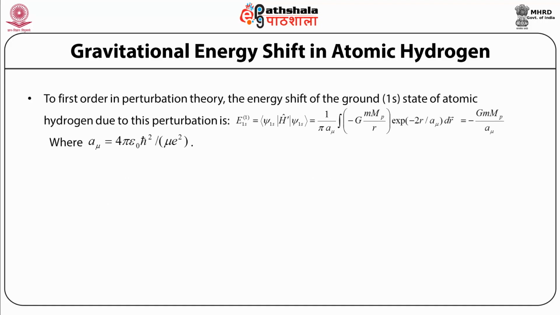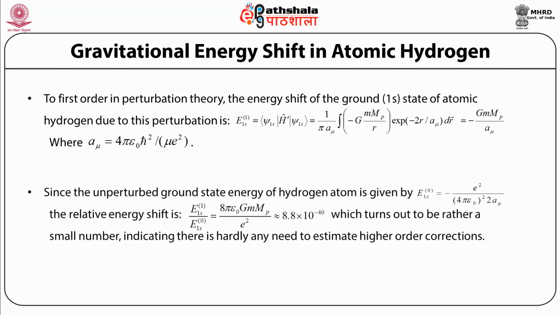To first order in perturbation theory, the energy shift of the ground 1s state of atomic hydrogen due to this perturbation is E1s1 equals the matrix element of H prime between psi 1s and psi 1s, equals 1 by pi a cube integration of minus G m MP by r into exponential minus 2r by a mu dr, which is equal to minus G small m into capital MP by a mu, where a mu equals 4 pi epsilon 0 h bar square divided by mu e square.